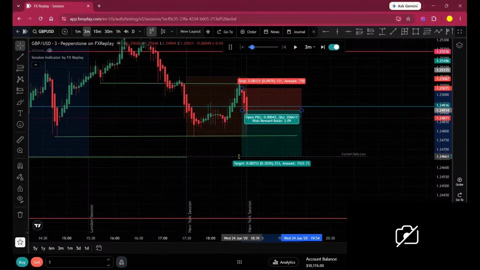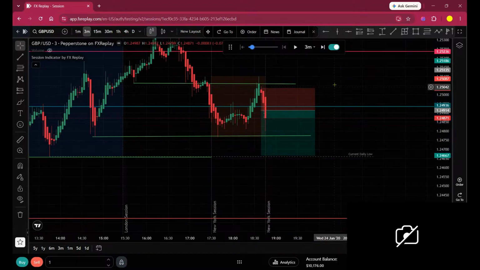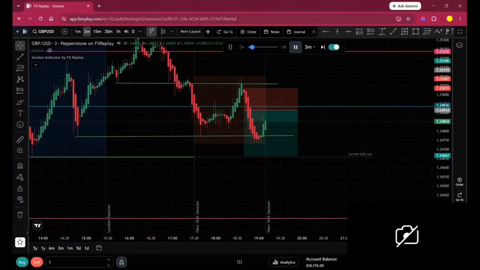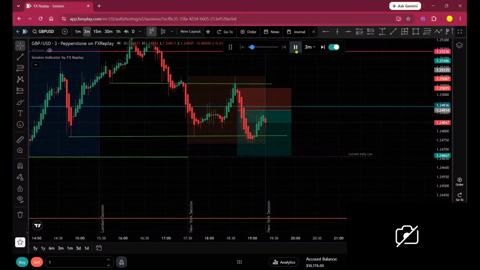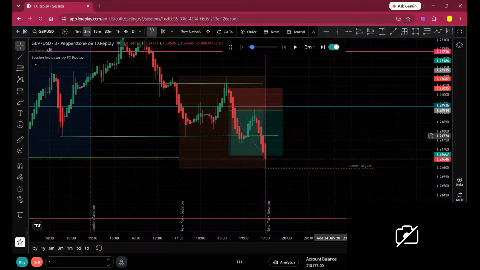Now I am thinking that market should strip the liquidity of Asia low, right? And then it can continue. See, it gave you a target, right? Market has swept this one. Now it is 7:30. Around 7:30 and 8, market will react and reverse.